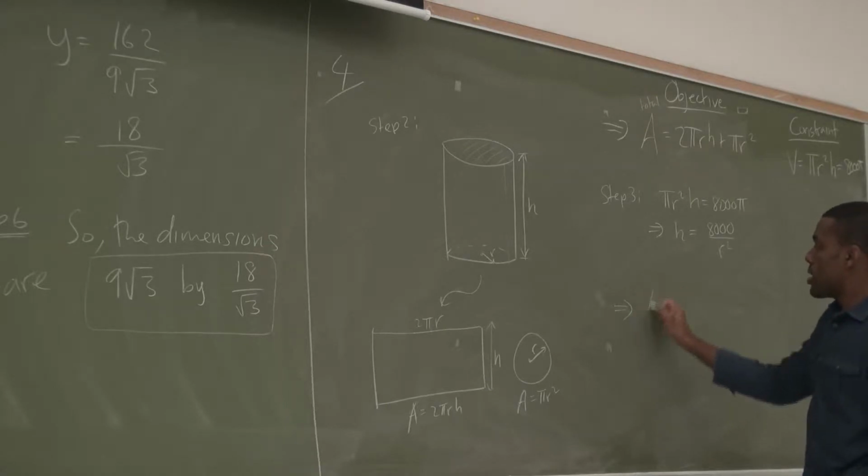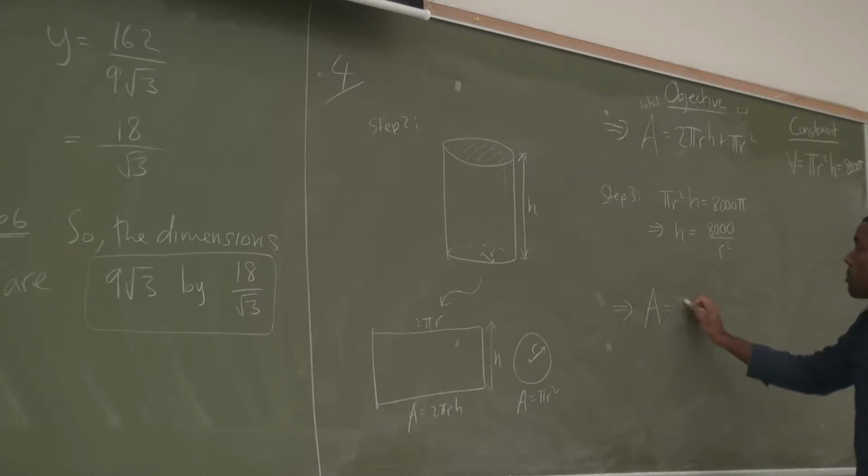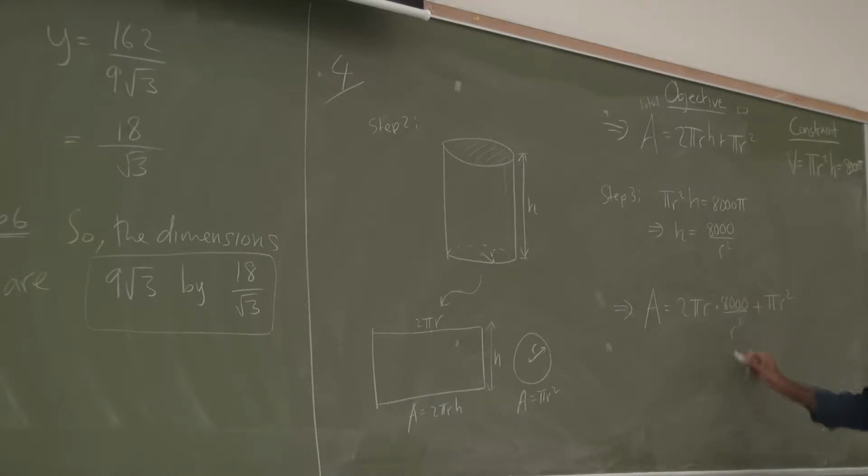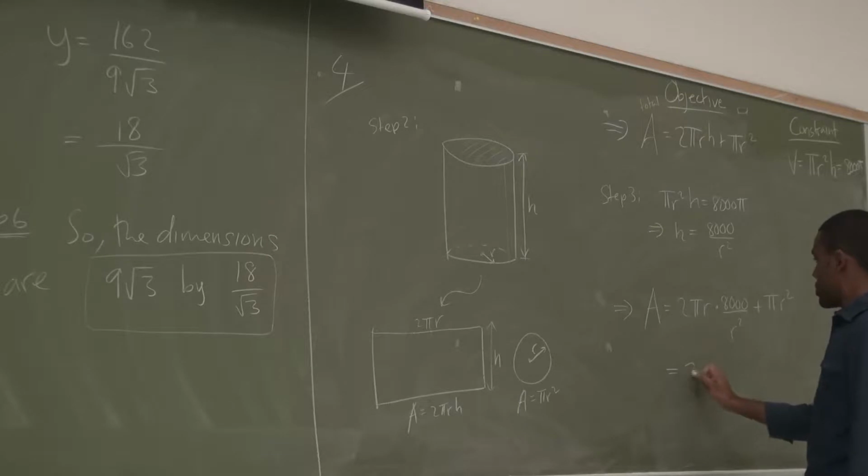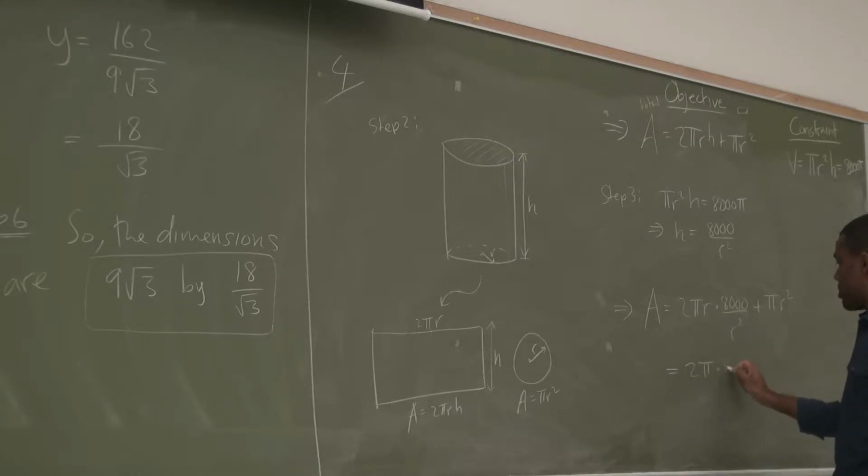This also means that my area function can become 2 pi times 8,000 over r, or r to the minus 1.